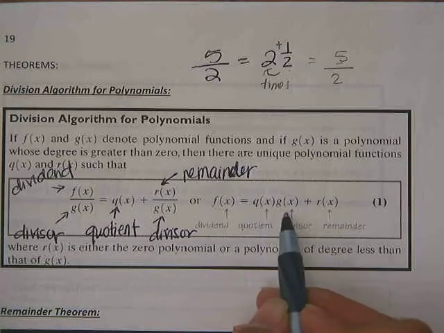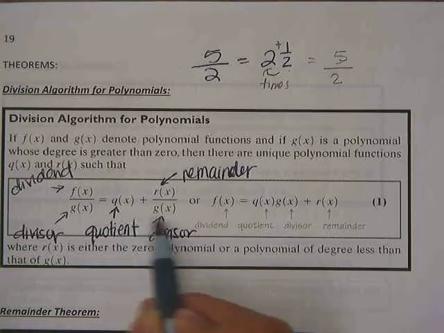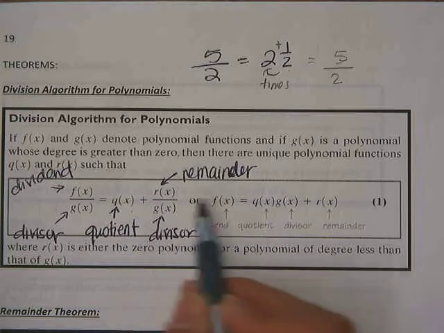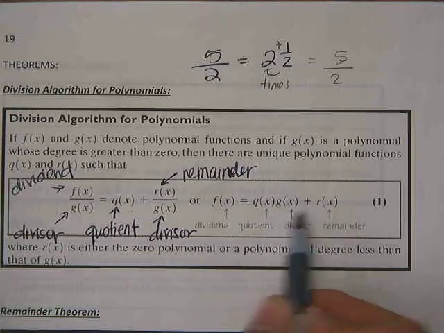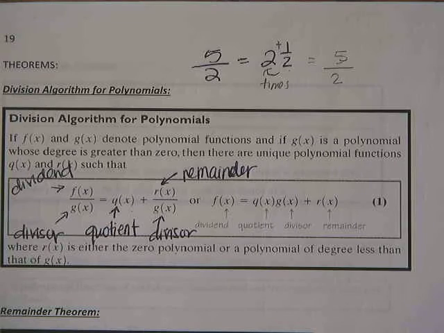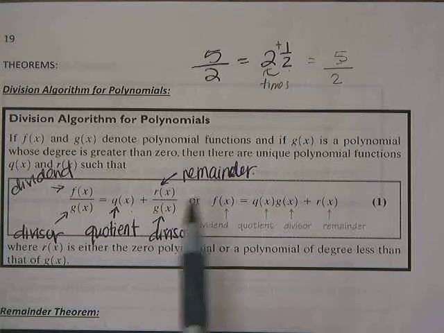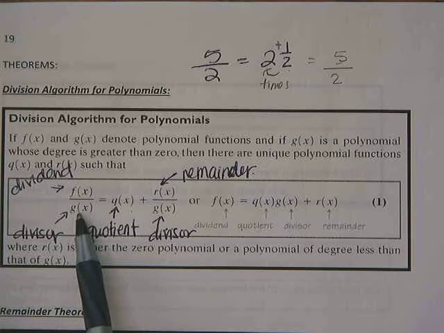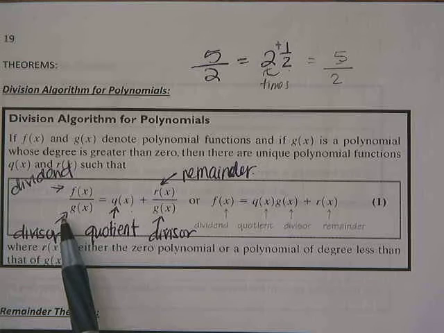See what they did here? g of x multiplied by the quotient, and add my remainder to get back my original. And that's all we do. And then it spells out that r of x is your remainder, over your denominator. And they don't have to use g of x. They can use q of x and w of x, whatever it is.